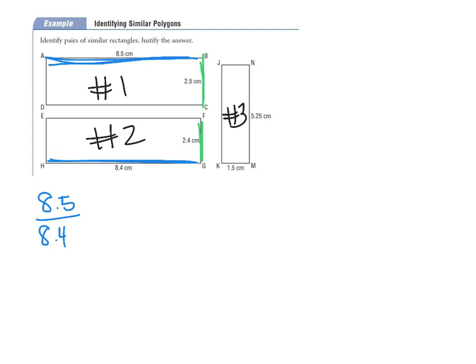And we end up with a number very close to 1. 1.01, and it goes on. Now let's compare our green sides. If we compare our green sides and we get the exact same answer as this, then we know they're in proportion.